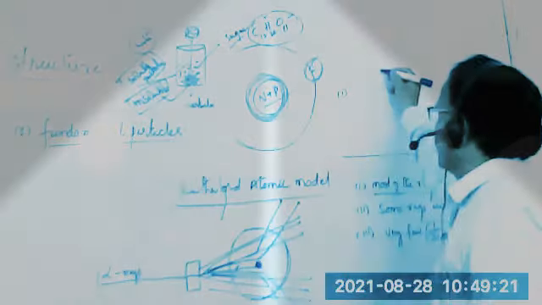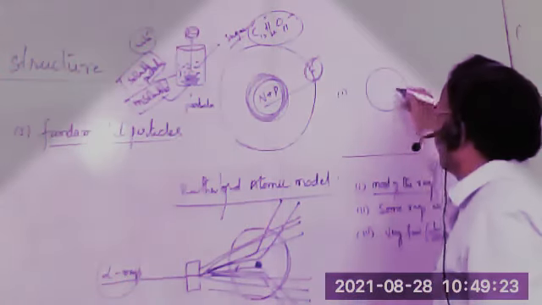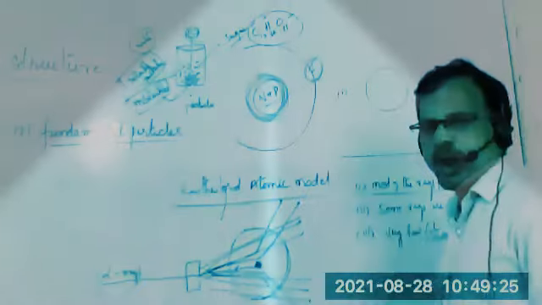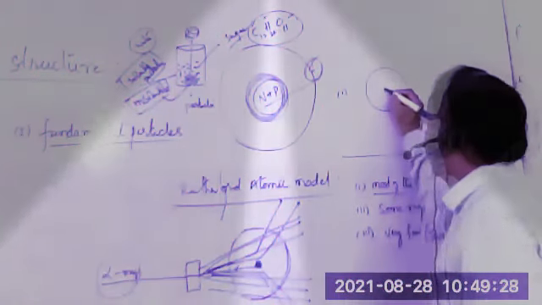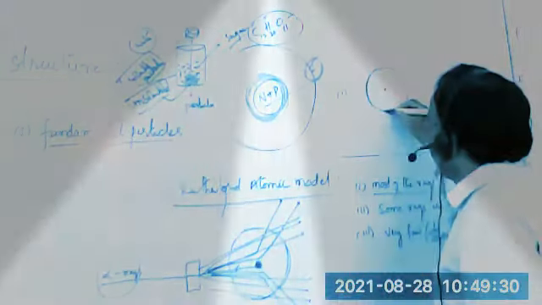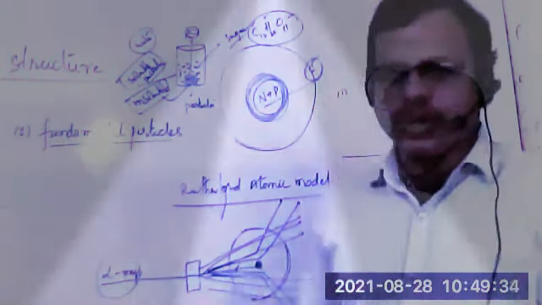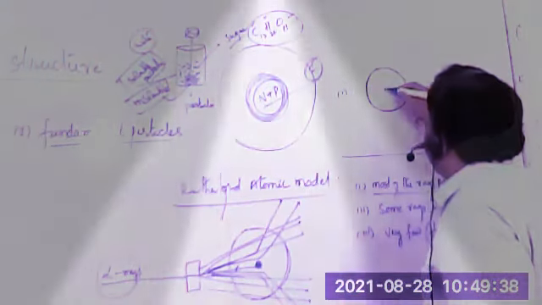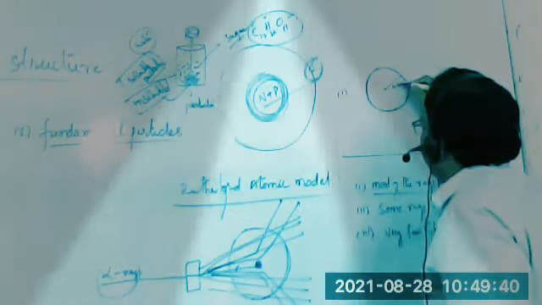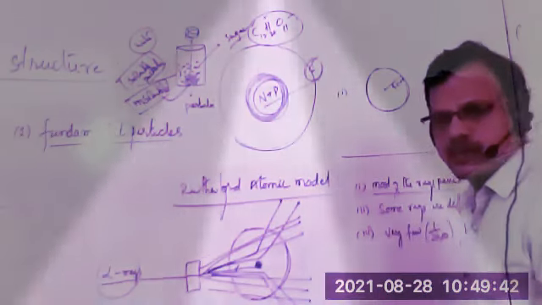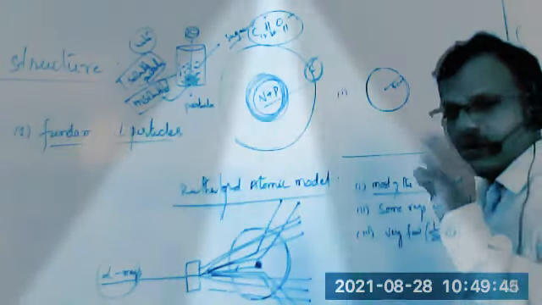Imagine a cricket stadium and a cricket ball in it. This is the stadium boundary, and from here to here the distance is 5 kilometers.